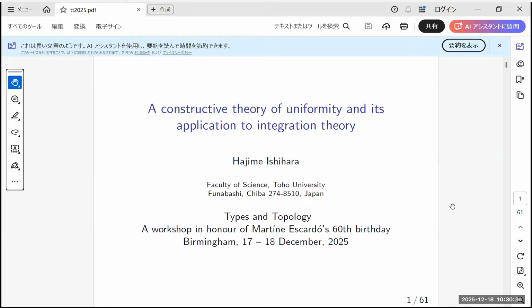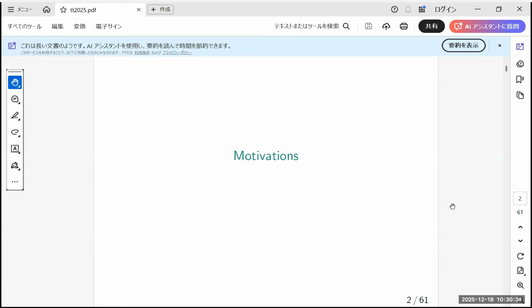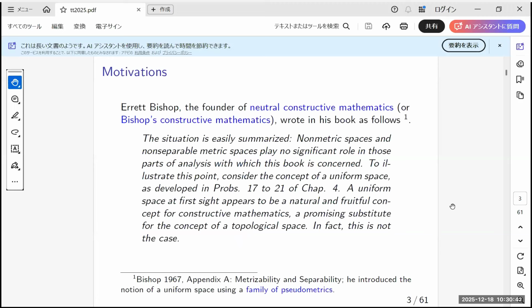So I'm going to start with motivations. Bishop wrote in his book as follows. To illustrate this point, consider the concept of a uniform space as developed in, and he introduced uniform spaces using a family of pseudometrics.